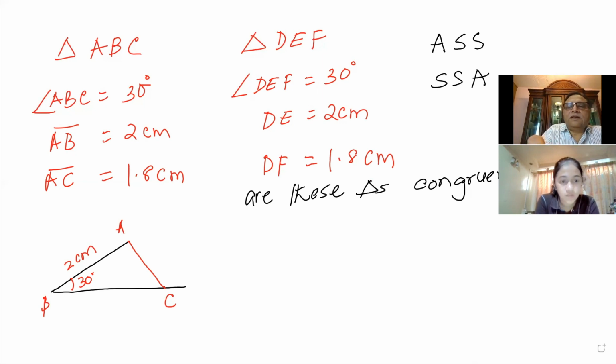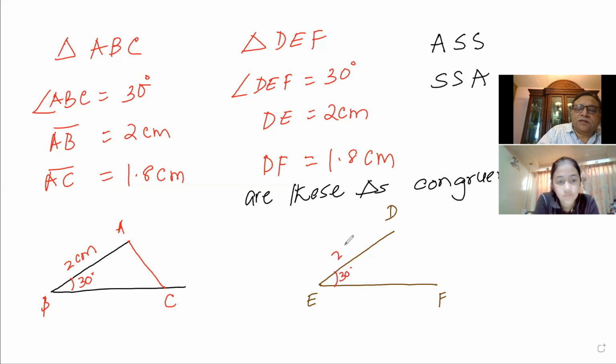So I'm trying to sketch another triangle, DEF now. I'm given one side, which I don't know how long it is, so I'm just leaving it like this. One other side. So I'm saying D, E, and F. This angle here is 30 degrees, and this is 2 centimeters given.